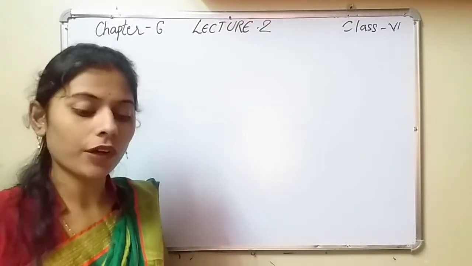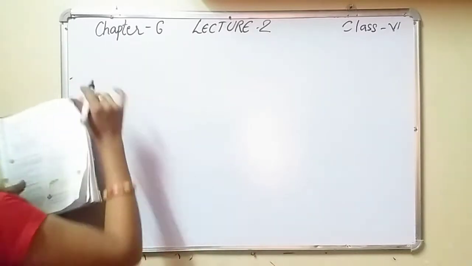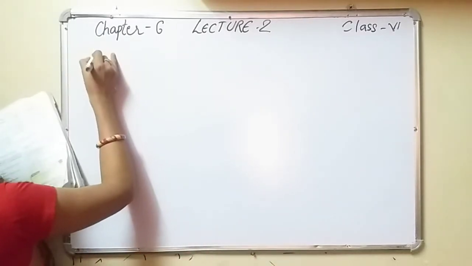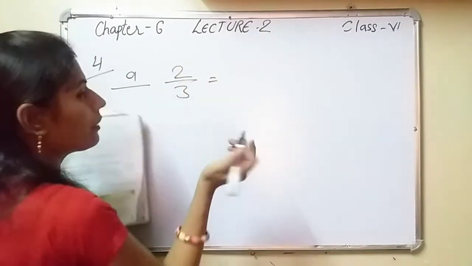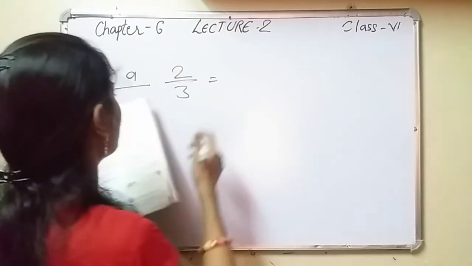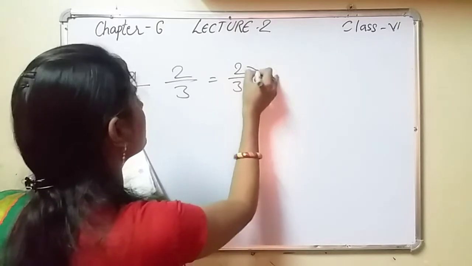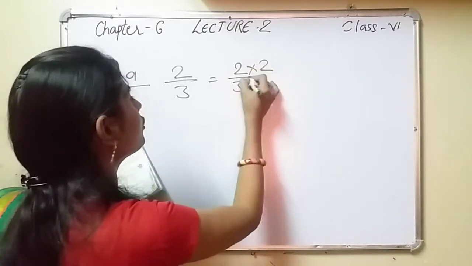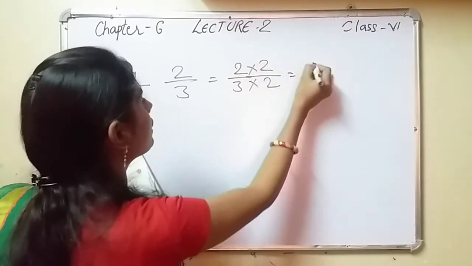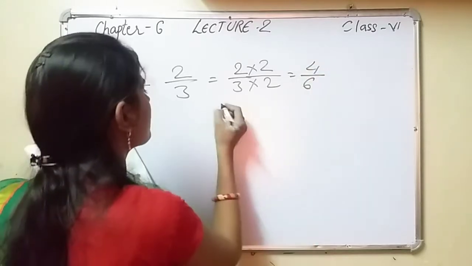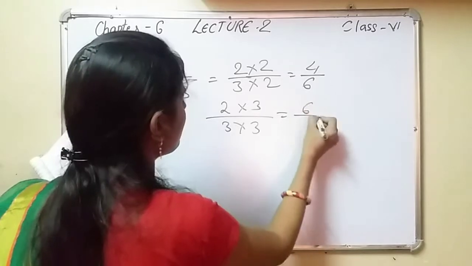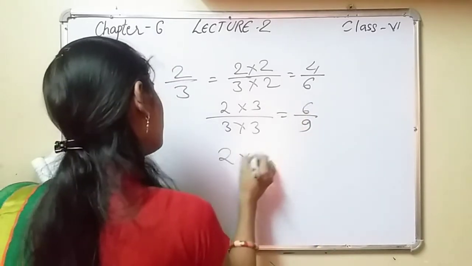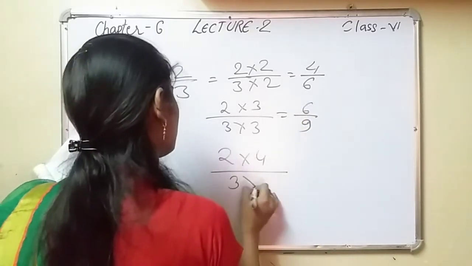Now see, find 4 equivalent fractions of A, 2 by 3. You have to find 4 equivalent fractions of 2 by 3. So 2 by 3, multiply by 2 here and here, that is 4 by 6. Now 2 multiply by 3 and 3 multiply by 3, that is 6 by 9. 2 multiply by 4 and 3 multiply by 4.